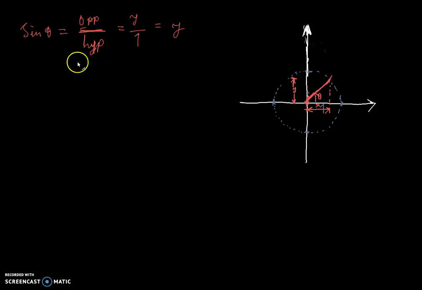Now cos theta would be adjacent by hypotenuse, which would be x divided by 1, which is x. So this y value is sine theta, and this x value is cos theta.